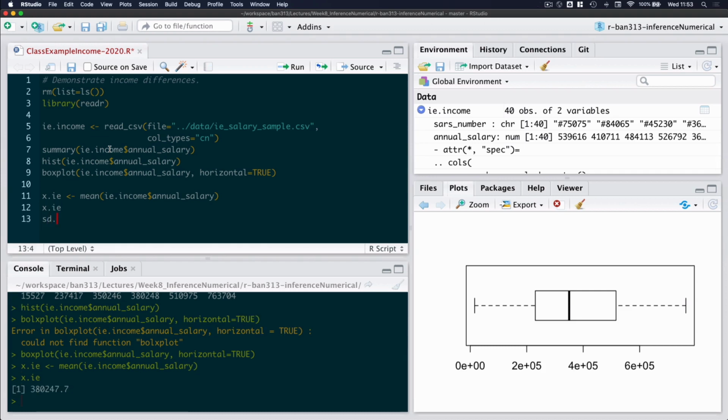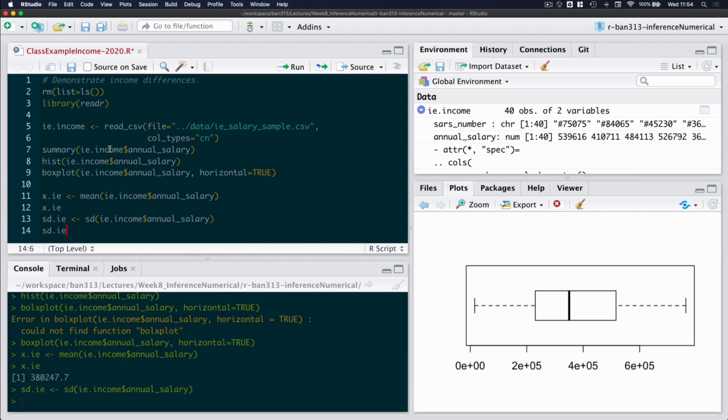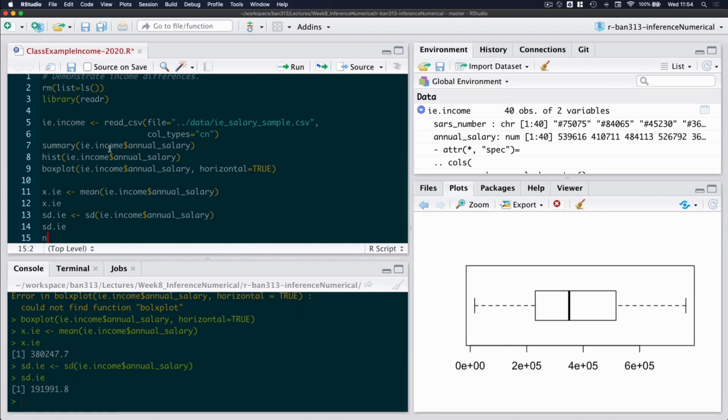I'm going to calculate the sample standard deviation. And I'm just going to, for ease, calculate the sample size.